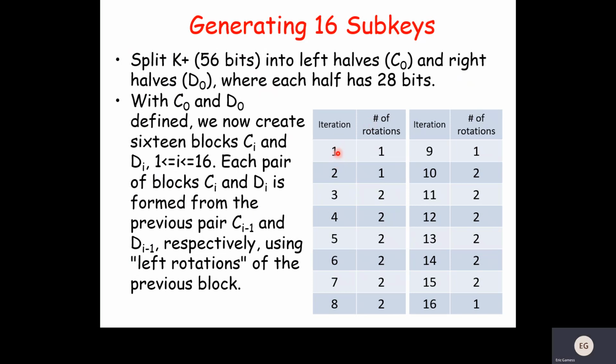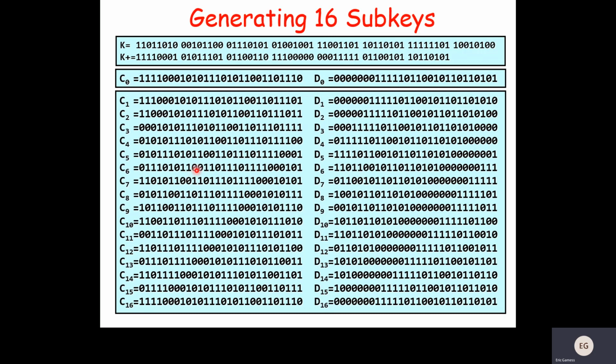So remember, to get C1 and D1, it was 1 rotation to the left from C0 and D0. To get C2 and D2, it was 1 rotation to the left. But to get, for example, C3 and D3, it was 2 rotations. Then again 2, then again 2, 2, 2, 2, then 1 to get C9 from C8 and D8. So sometimes it's 2 rotations, sometimes it's 1 rotation.